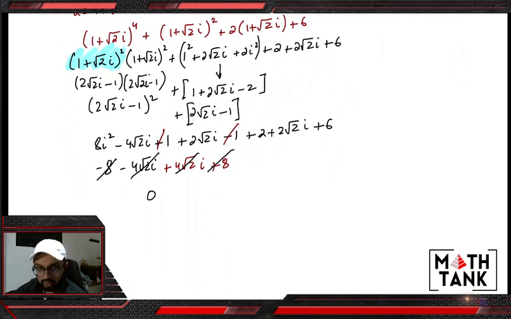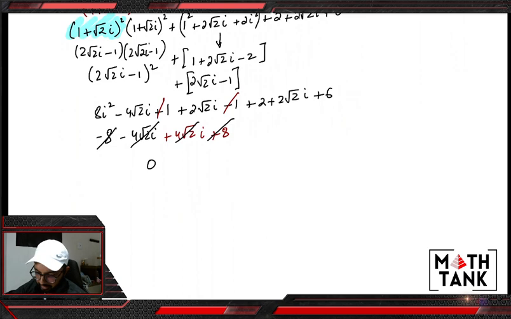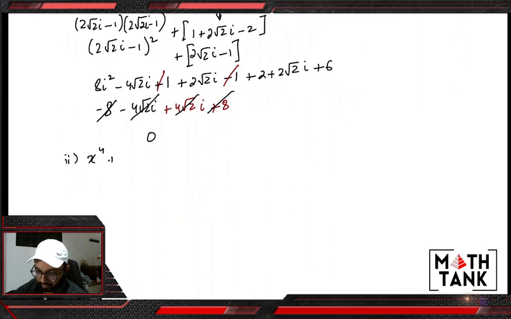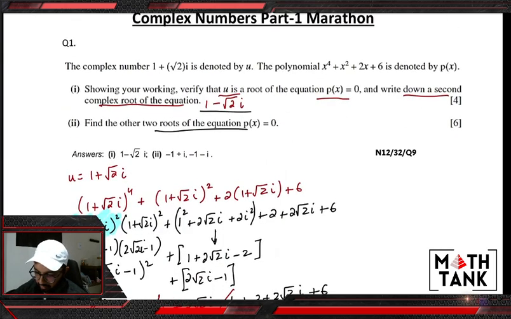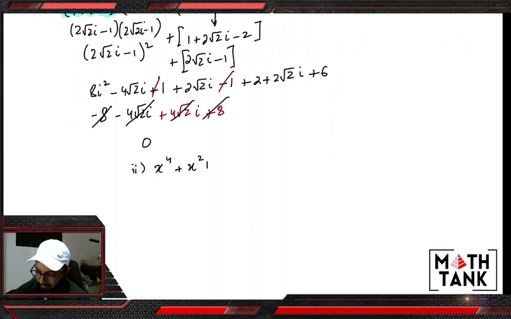So again, what you need to remember is your basics from polynomials. I'm going to write that down. For part 2: x power 4 plus x squared plus 2x plus 6 equals 0.